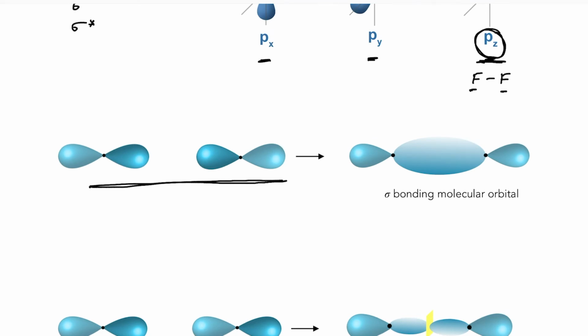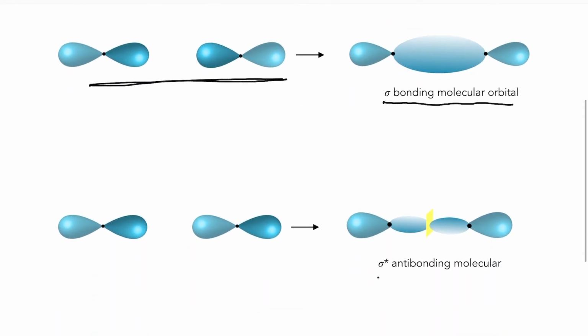Once again, remember that all orbitals are wave functions, and if they've got wave character, they can combine both in phase constructively and out of phase destructively. So when 2 pz orbitals combine, we're going to form a sigma bonding molecular orbital and a sigma antibonding molecular orbital, and you can see the 2 shapes here.